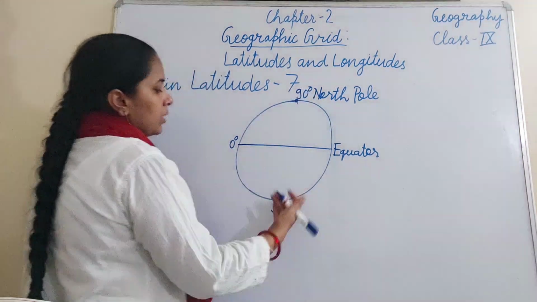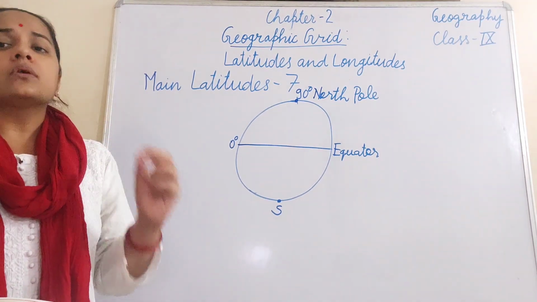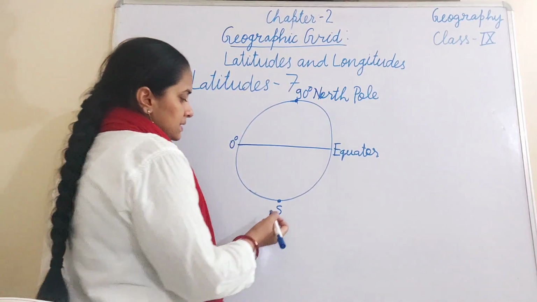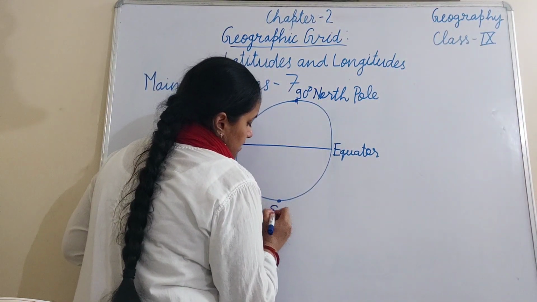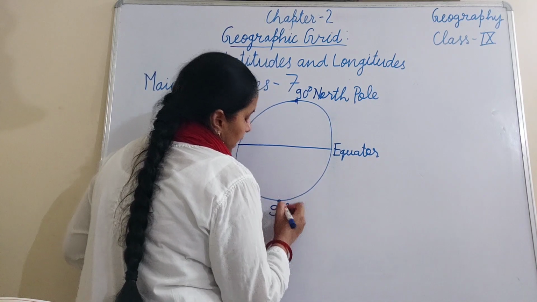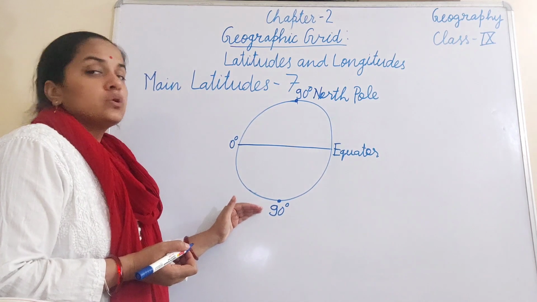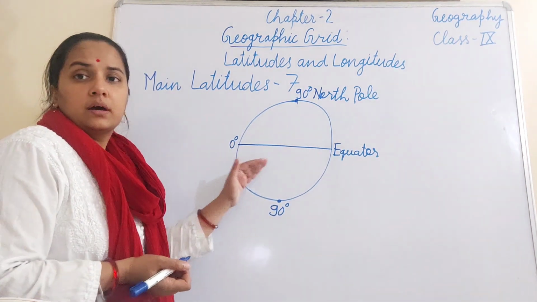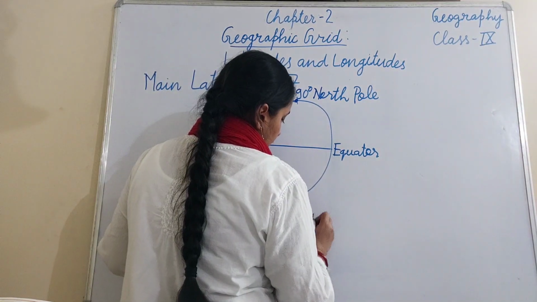Actually, the North Pole and the South Pole are not lines, but only points. The South Pole is again at an angle of 90 degree, but in the southern hemisphere, south of the equator.